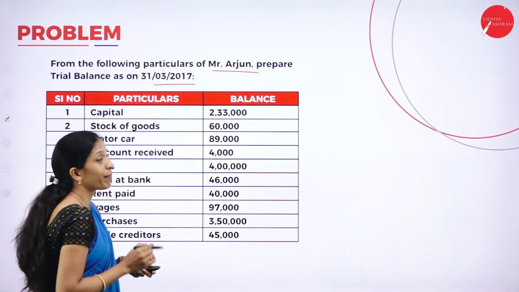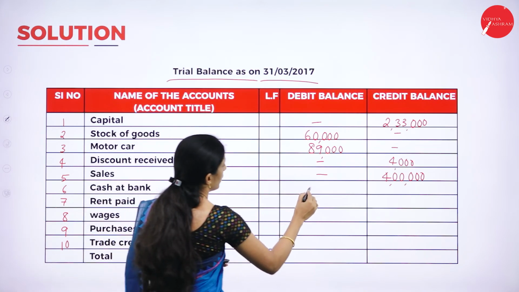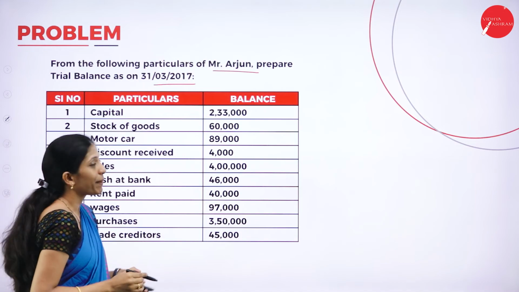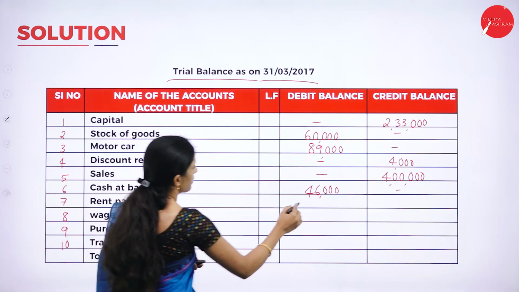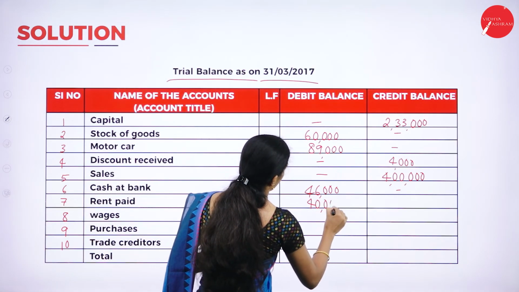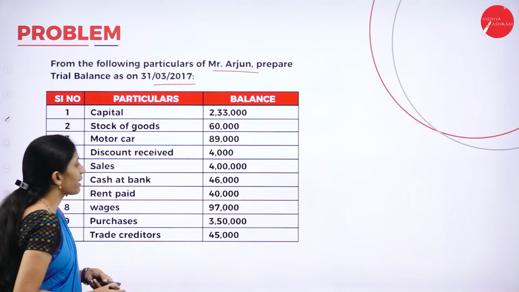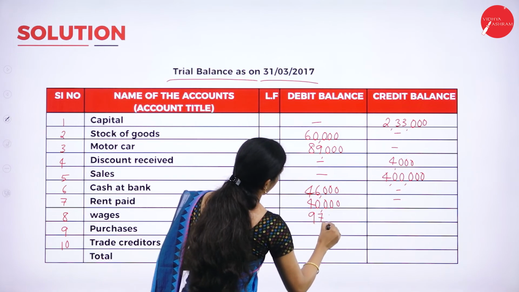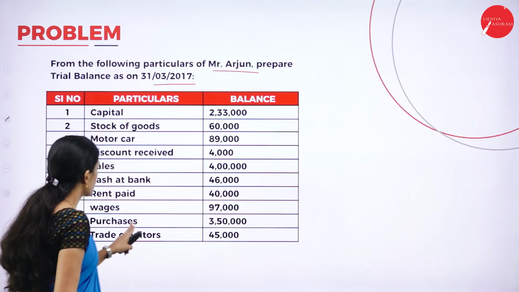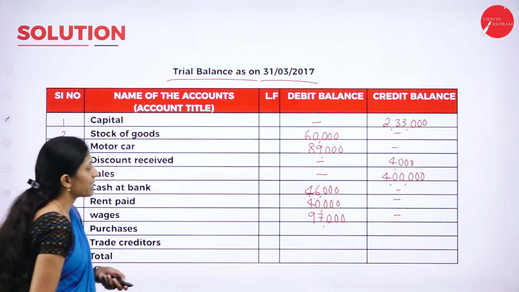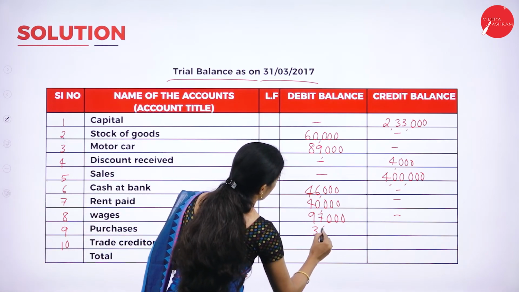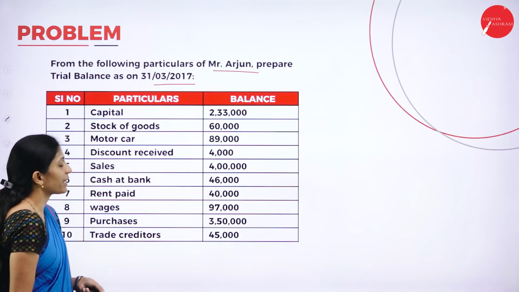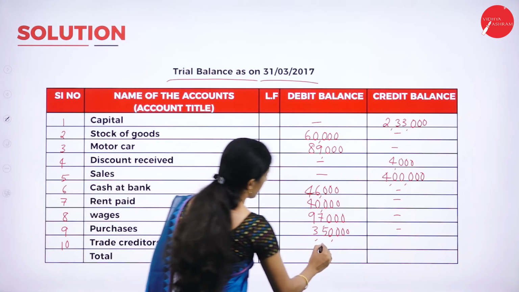Next one, cash at bank, debit balance, 46,000. And the next one, rent paid, it is an expense, debit balance, 40,000. Next, we have wages, 97,000. It is an expense. Next, we have purchases. It is a debit balance, 3,50,000. And the next one, trade creditors, 45,000. It's a credit balance.